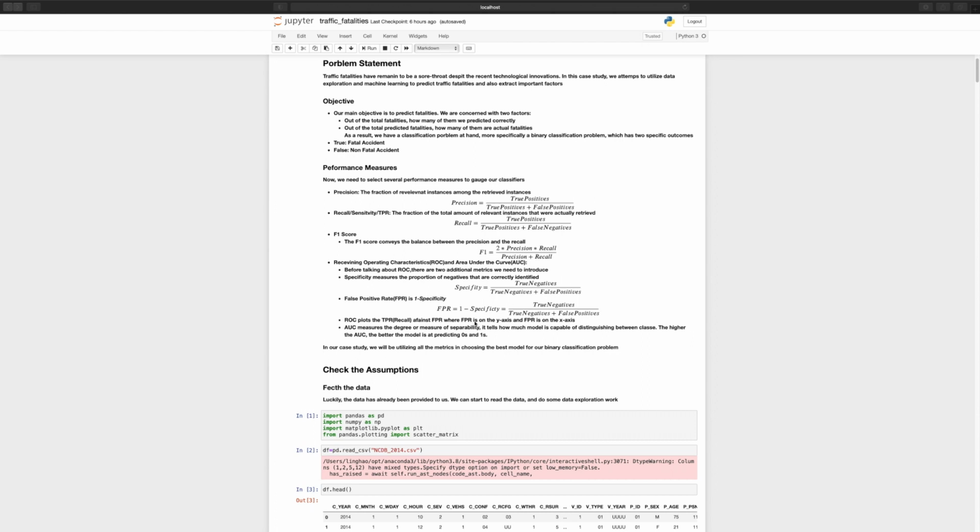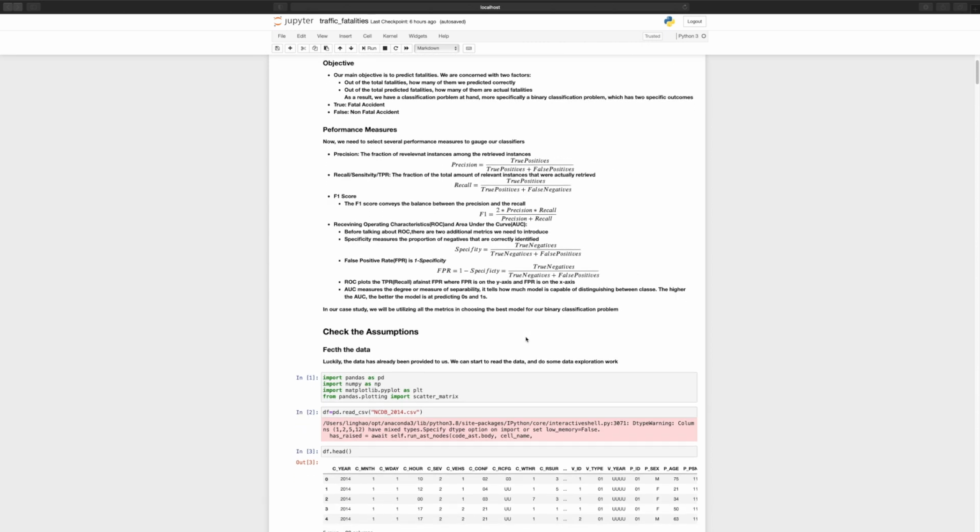The AUC is a degree or measure of separability. It tells how much the model is capable of distinguishing between classes. The higher the AUC, the better the model is at predicting zeros and ones.